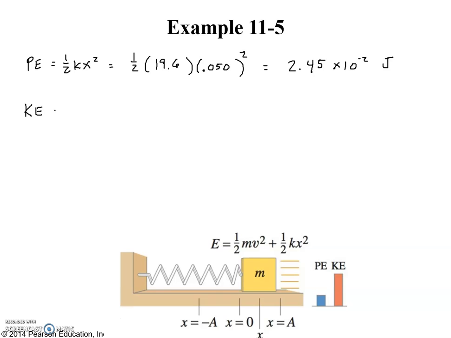It would be a little bit more complicated. What is a little bit simpler is to just find the total amount of energy, subtract from it the potential energy, which we just found here, and what's left is equal to our kinetic energy. And so we already found the total energy in the system.